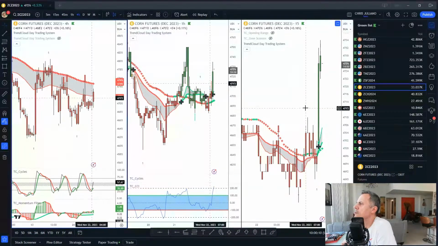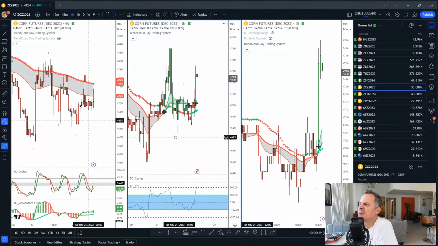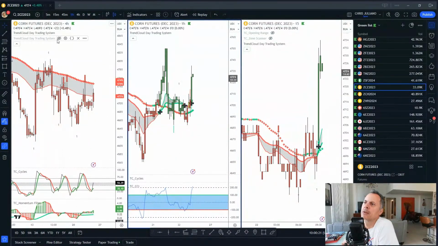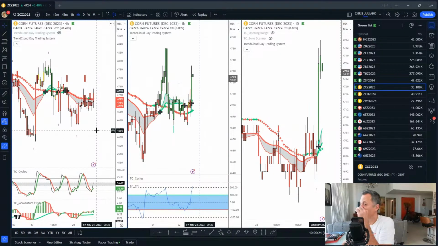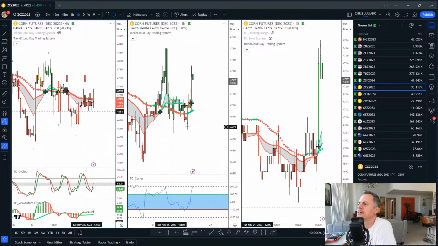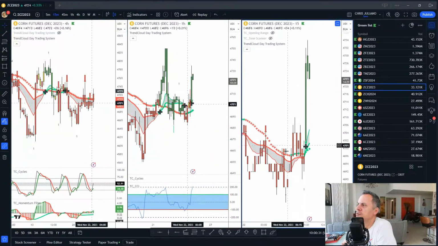Corn futures. Cycling down, right? Or actually just starting to cycle up. Trend is down on the high time frame, up on the middle time frame, up on the low time frame.